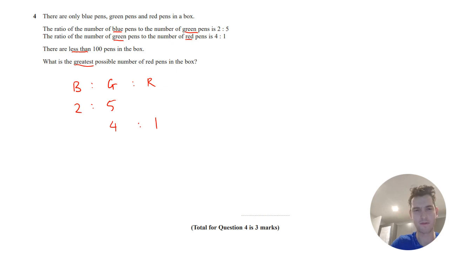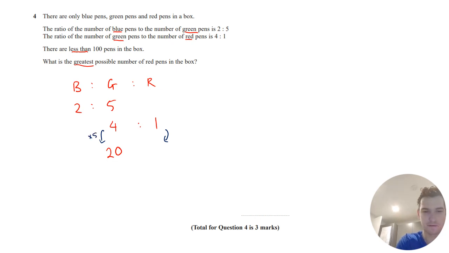What is the greatest possible number of red pens in the box? Before I go any further, I think I'm going to need to change this ratio so that the green parts are the same. So I look at the green parts, 5 and 4, and I'm going to multiply them to get 20. Now I'm going to see what my new red pens and my new green pens are worth. How do I get from 4 to 20?